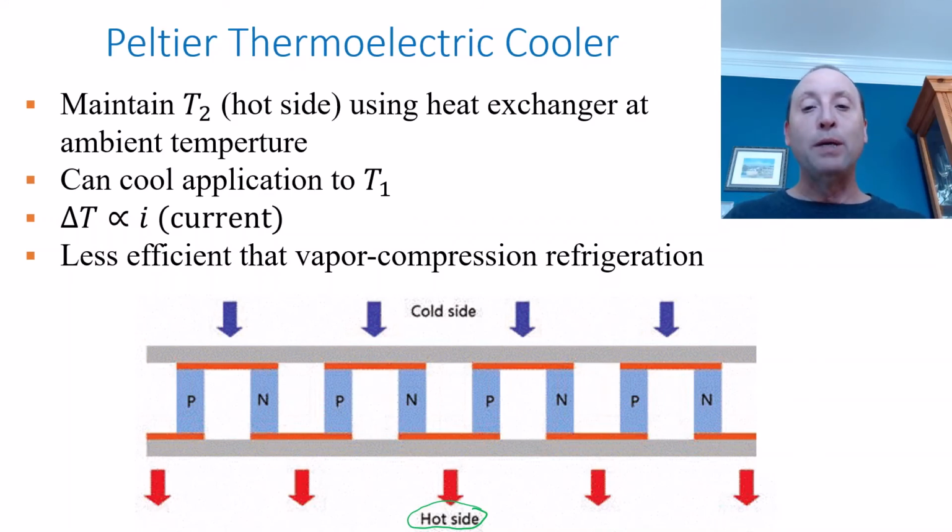If we keep our hot temperature at a reasonable temperature, then our cold side might be tens of degrees colder than the hot side. And that temperature difference will depend on the current. So the more I turn up the current, or I increase the voltage so the current increases, then that delta T will increase.